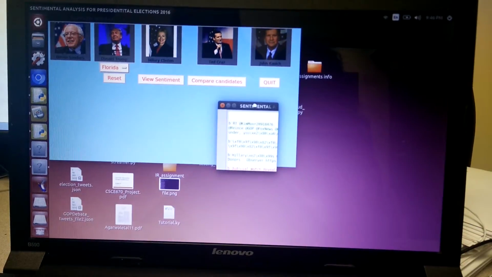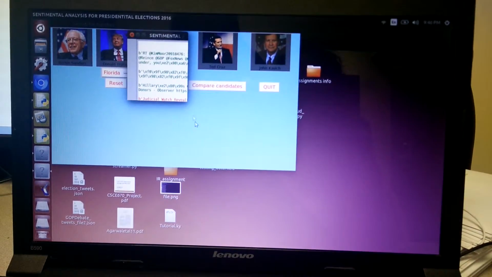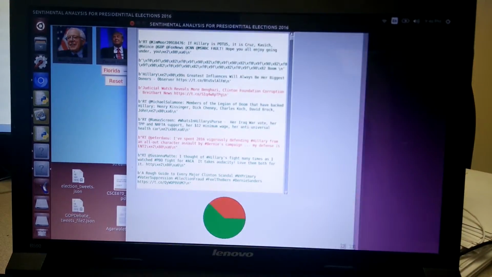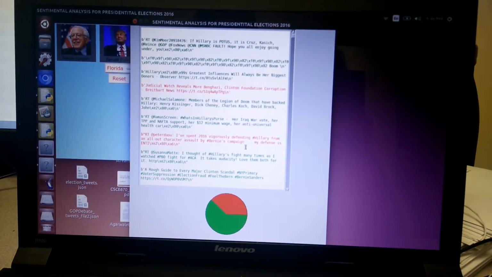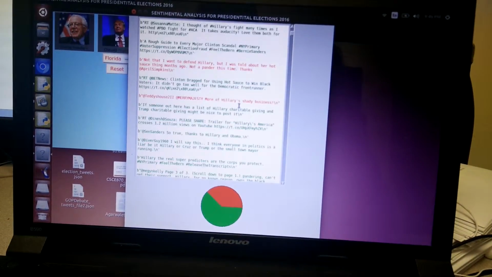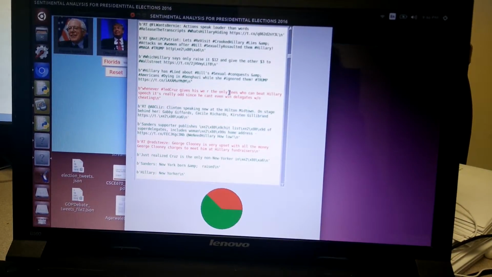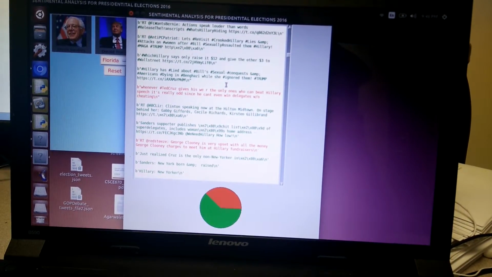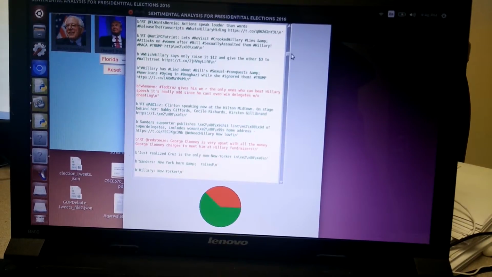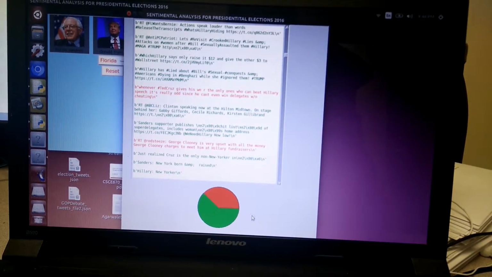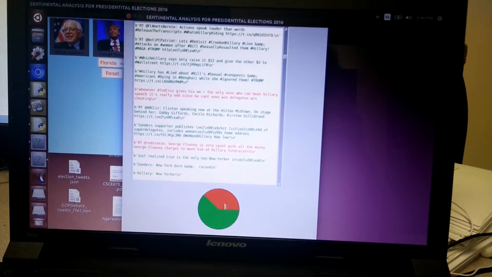Well, there's a window of results, so let's see what this looks like. This is the number of tweets that are being classified, and I can scroll down and go through each of the tweets. Positive is shown in green and red indicates negative, and the same coloring goes for the pie chart as well. This is the ratio between positive and negative tweets.